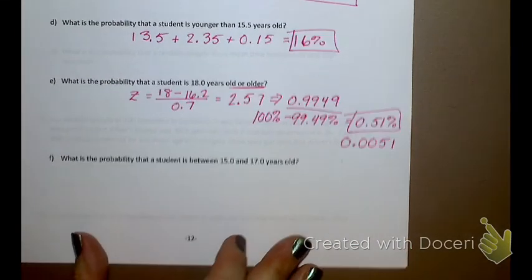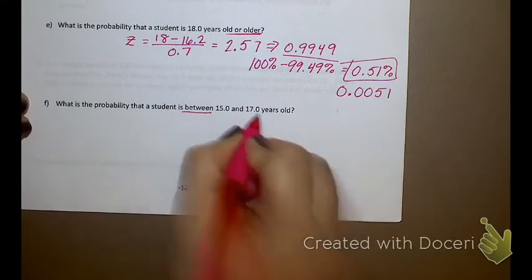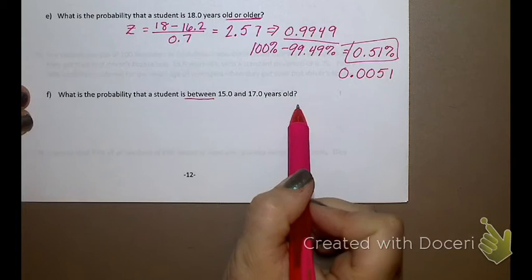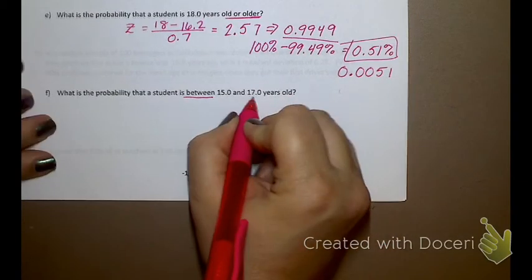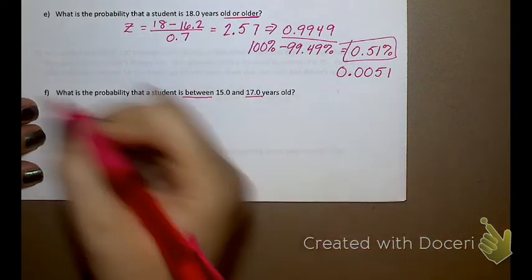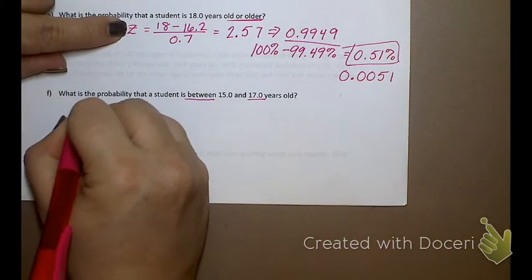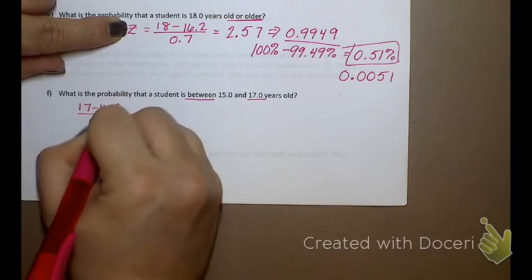What is the probability that a student is between 15 and 17? As soon as you have between, find the z-score, do bigger minus smaller. That's your between. So let's start off with the z-score of 17, so that way I can do the bigger one first. So I'm going to use the same thing I did up here, 17 minus 16.2, all divided by 0.7.